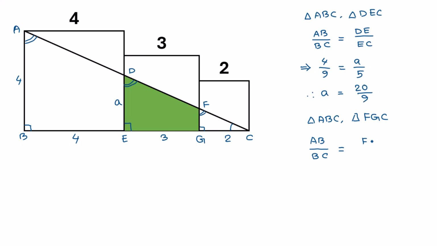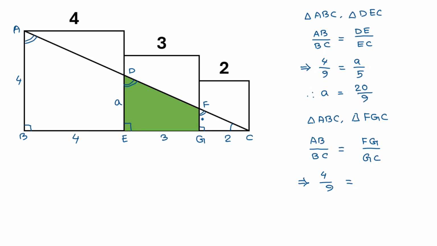Now substitute AB, which is 4, divided by BC. BC is 4 plus 3, 7, plus 2, 9, is equal to FG.